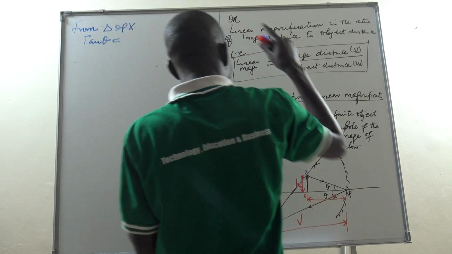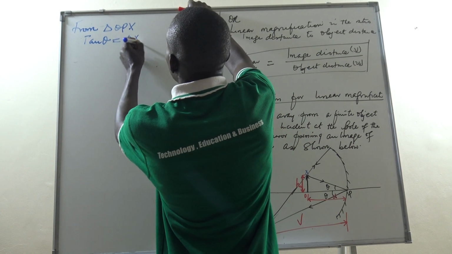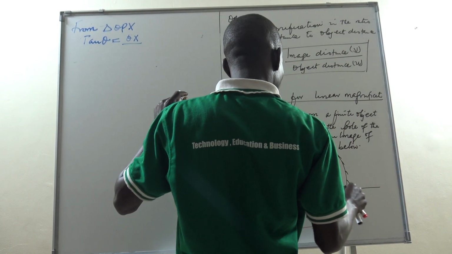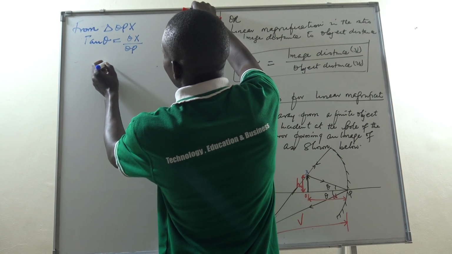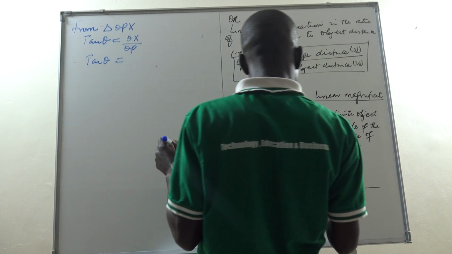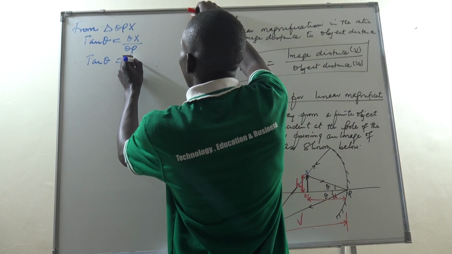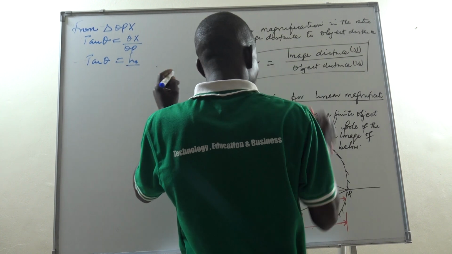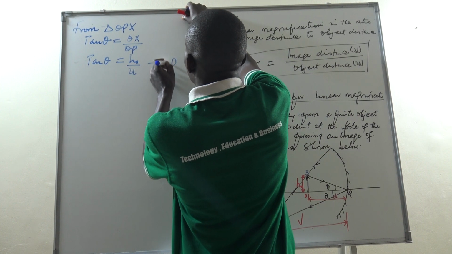Tan theta is equivalent to opposite, which is OX, out of adjacent OP, and that is the same as saying tan theta equals H naught, OX is the height of the object, out of adjacent, that is U, equation 1.